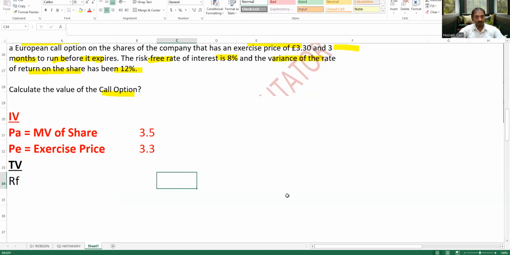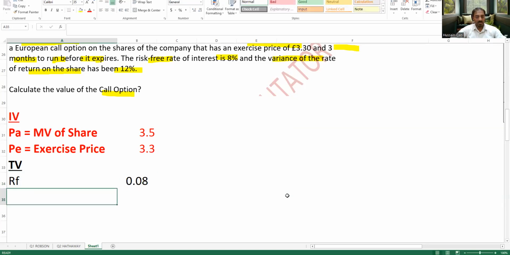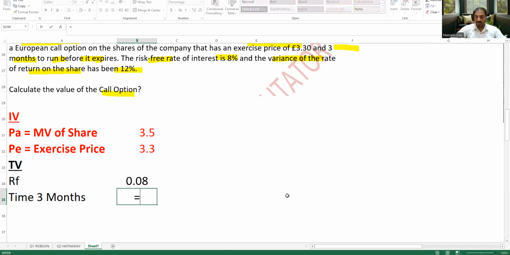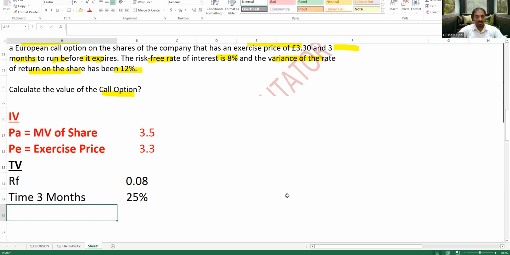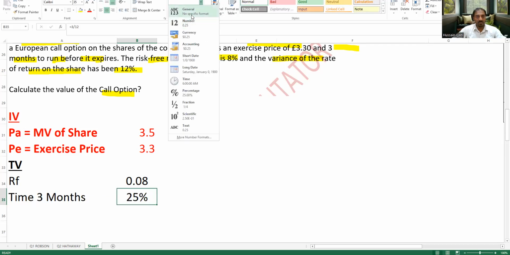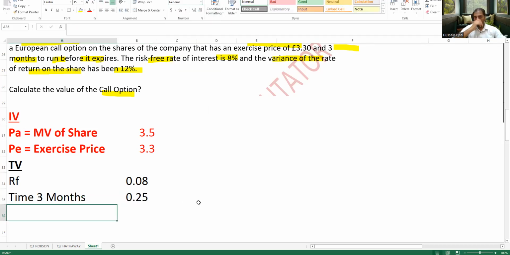Risk-free rate 0.08. Time: here 3 months is mentioned. You have to proportion it, 3 divided by 12, which is 0.25. And then standard deviation, that is volatility.